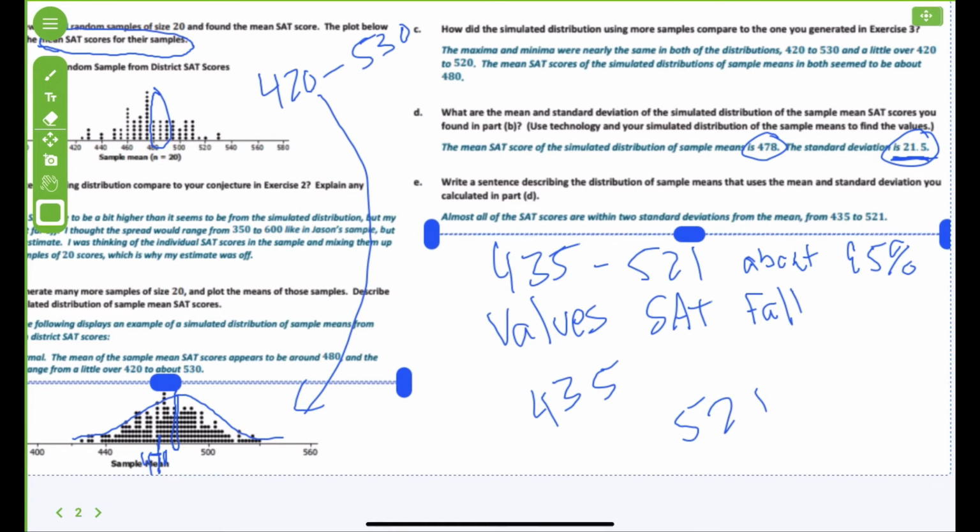Okay, let's see what they said. Almost all of the SAT scores are within two standard deviations from the mean, 435 and 521.